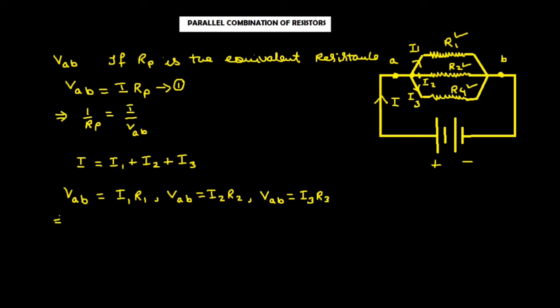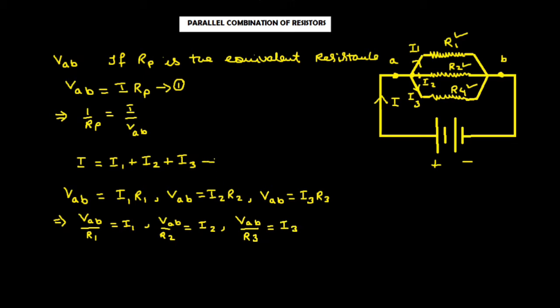So this can be written as VAB divided by R1 is equal to I1, VAB divided by R2 is equal to I2, and VAB divided by R3 is equal to I3.